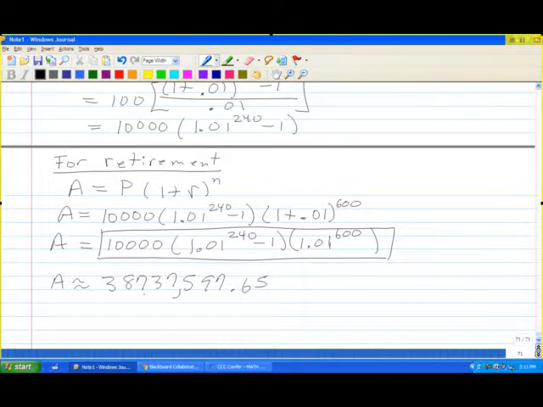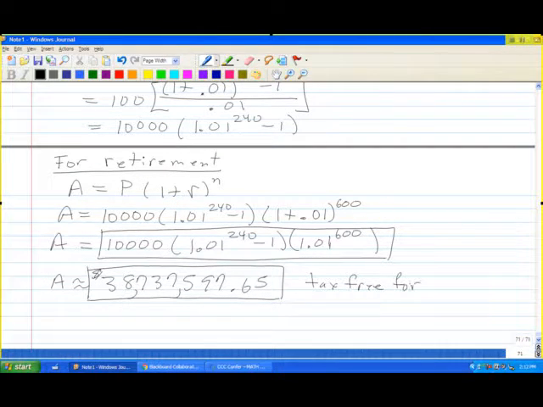It is approximately $38,737,597.65. So the $100 per month, and this is only done for 20 years. So $100 per month for 20 years. At retirement, you would have $38,737,597.65 tax-free for retirement.